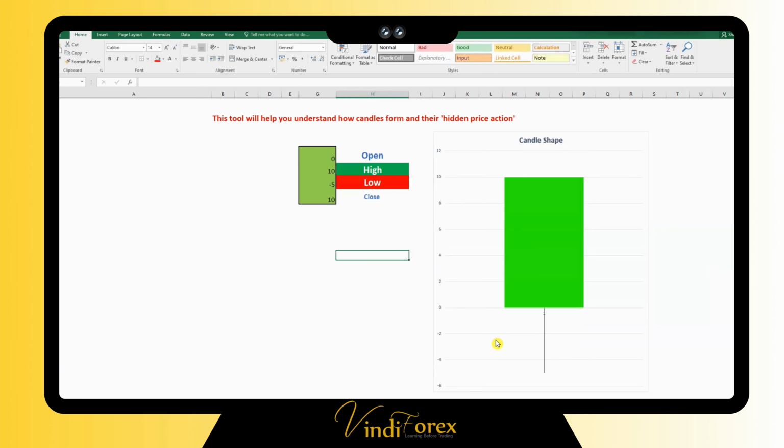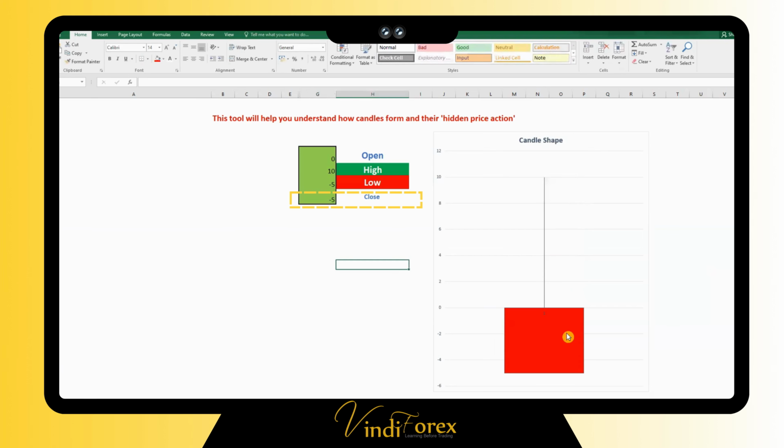That will be our current price. We have to change this. So you can see it opened at 0, went up to 10, and then came down to -5.